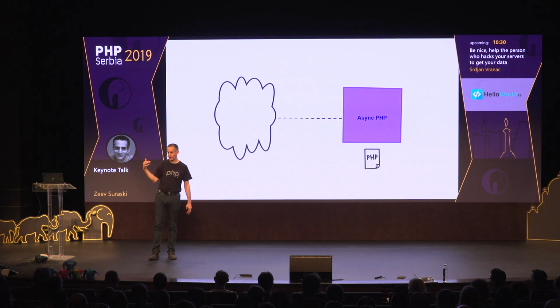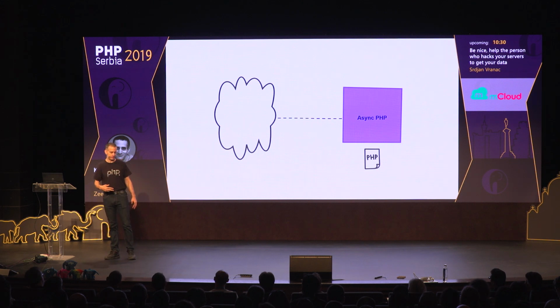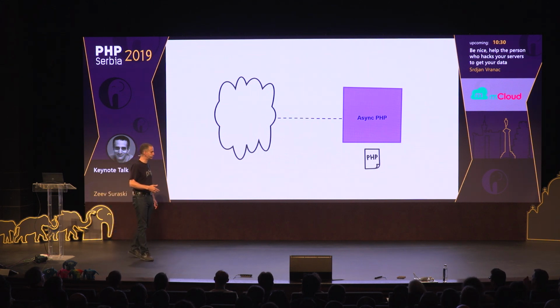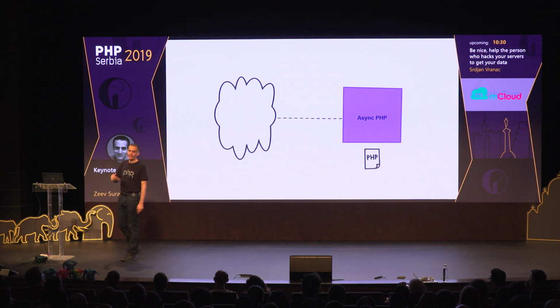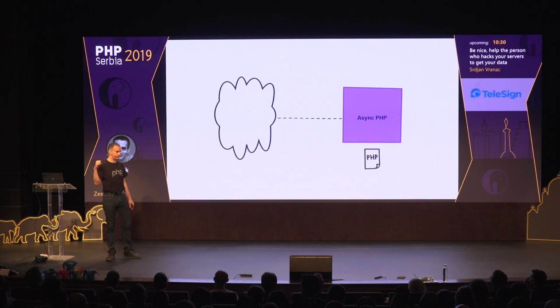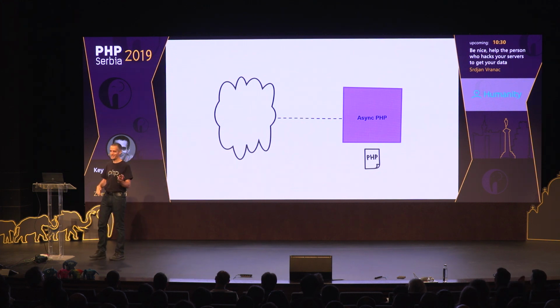And whenever this I/O is available, when finally the database returns what you've queried it for, or the socket has data available, or so on, whenever that happens, we go back to the piece of code that was waiting on it, and we wake it up. It's complex. I don't pretend that it's not, but that's in a nutshell what asynchronous execution is.